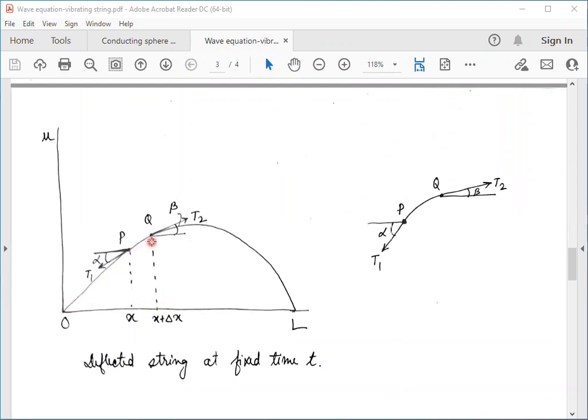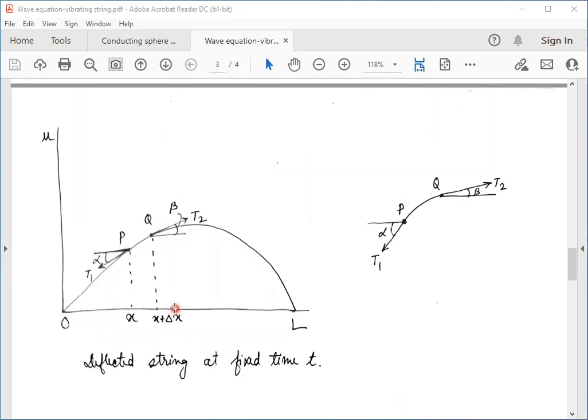Here I have drawn the deflection by exaggerating it, so that the values of alpha and beta can be easily identified. But ideally the deflection should be very small, very small deflections. Physically we assume that the deflections are very small.